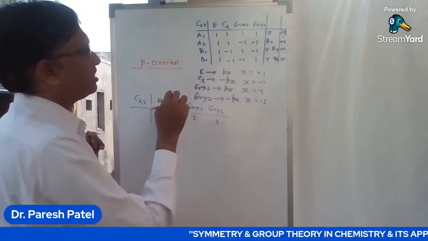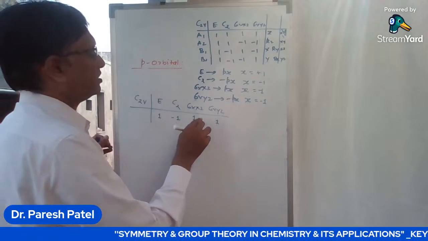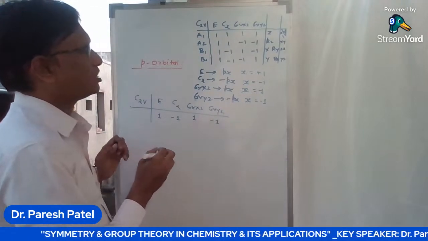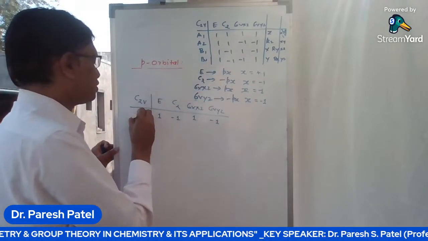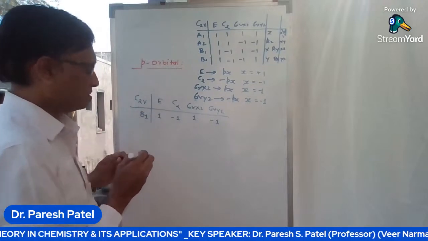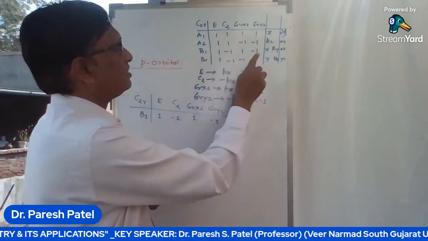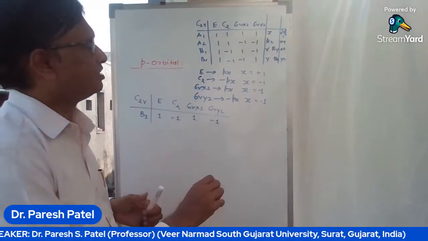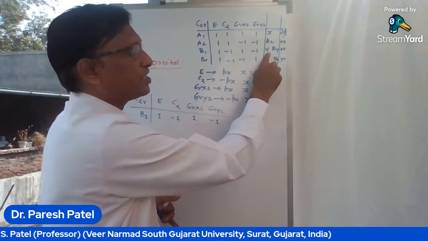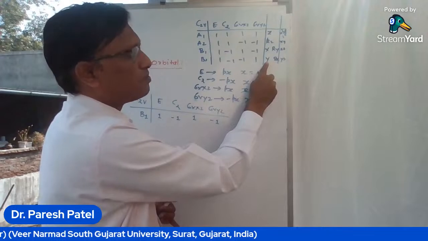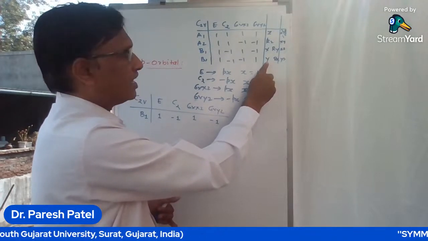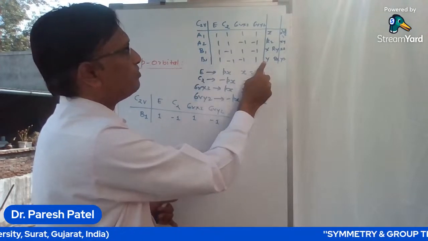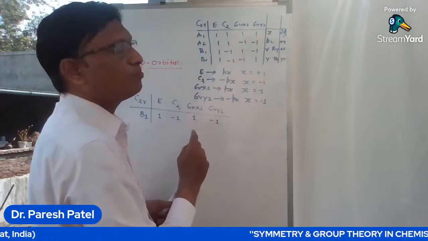Now from the character table, we can assign that this minus 1 corresponds to the B1 irreducible representation. And it is already mentioned in the third area of the character table. So this is nothing but the contribution from Px. Similarly, we can conclude that this is the contribution from Py and this is the contribution from Pz.